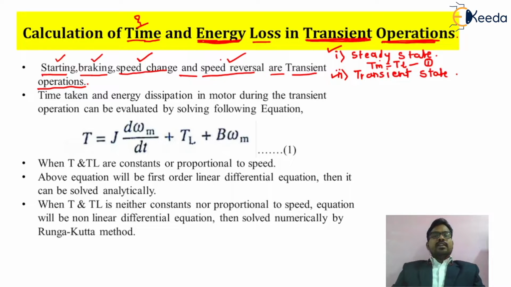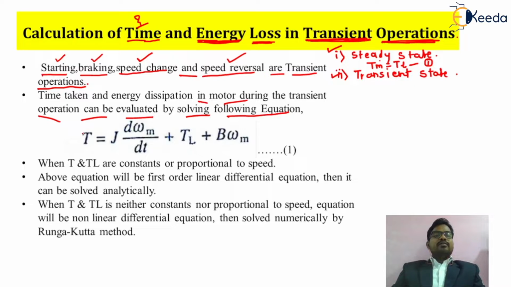So guys, we will start to calculate the time taken and the energy loss. This is called the energy dissipation in the motor during the transient operation, and it can be evaluated by solving the following equation.